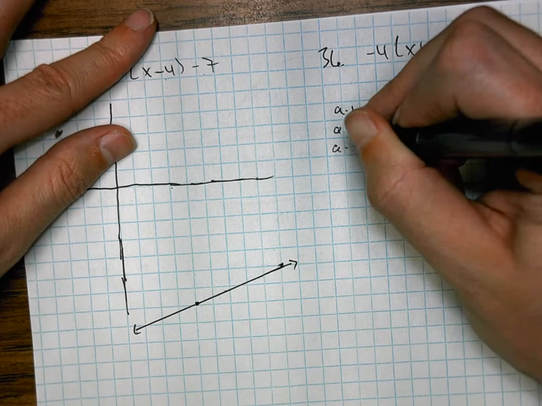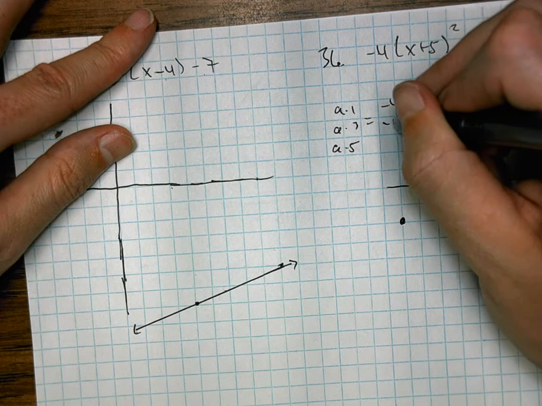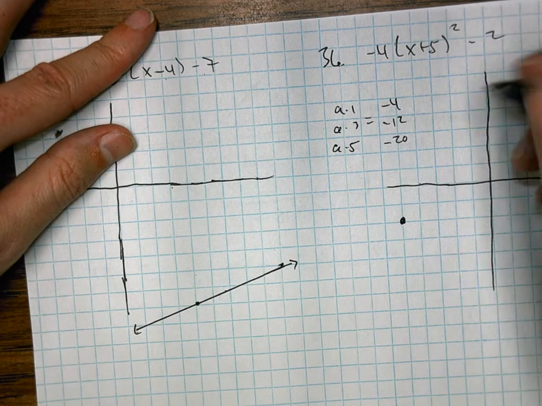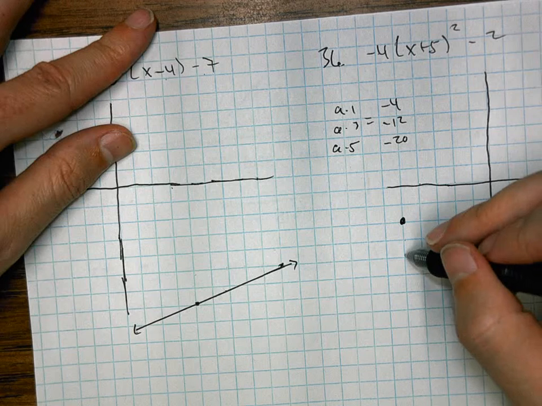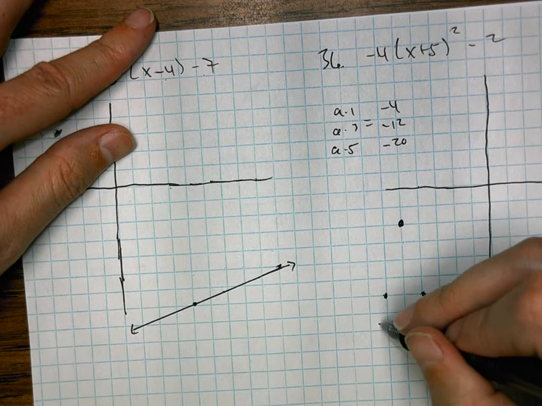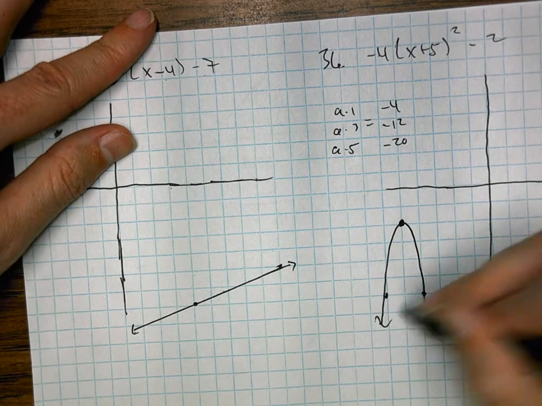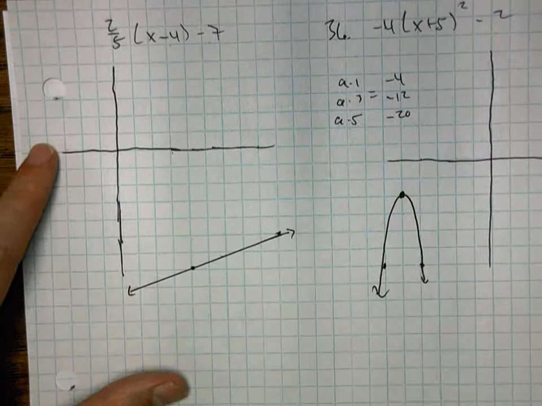So negative 4 times 1 is negative 4, negative 12, negative 20. So we go down 4, 2, 3, 4, right 1. There's our U-shaped function. We're done.